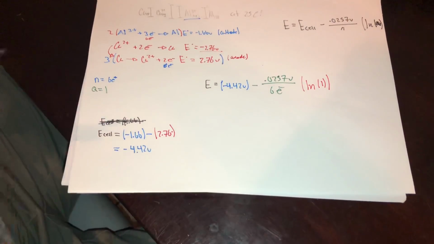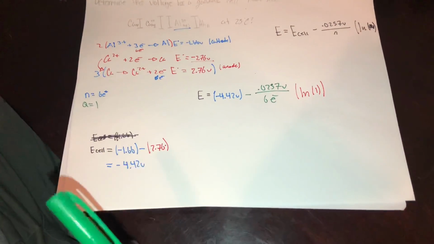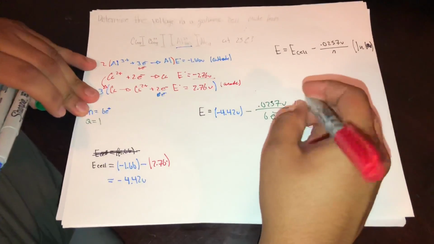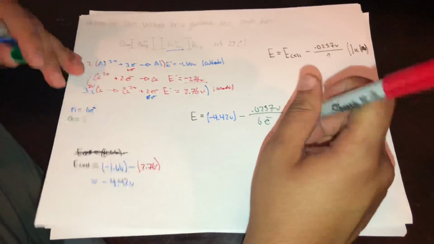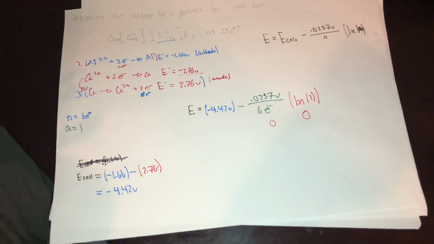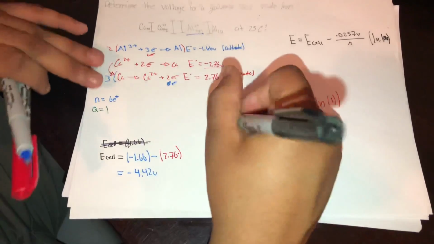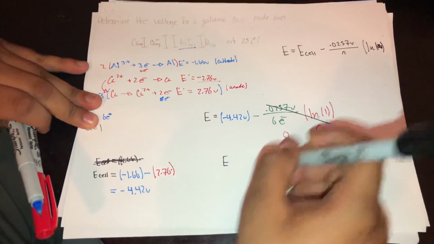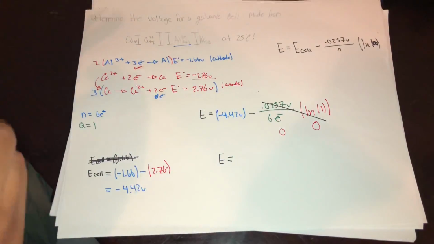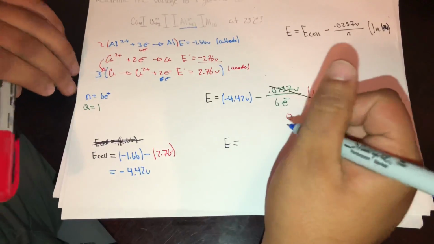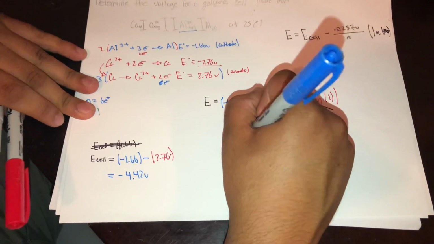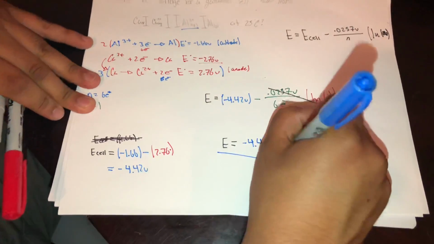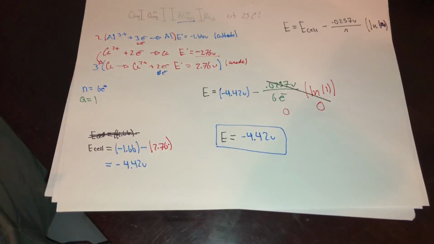The natural log of 1 is 0. Once you multiply this times this, it's going to be 0 in total. So at the end, your answer is just your E cell, because all of this cancels out. So your E will just equal negative 4.42 volts. That's it. Thank you.